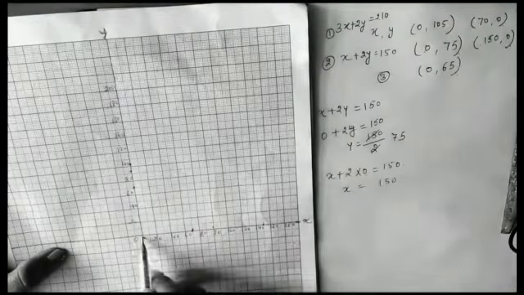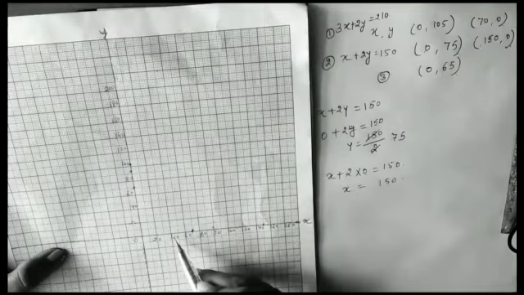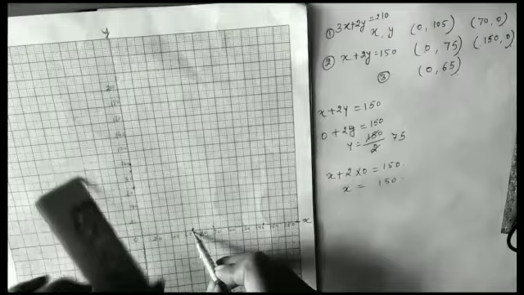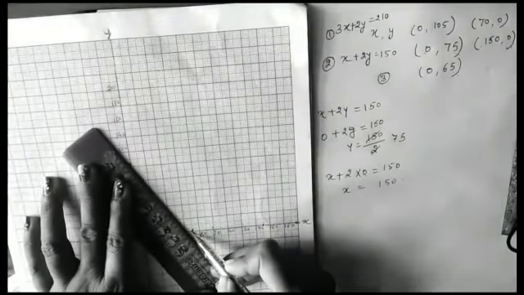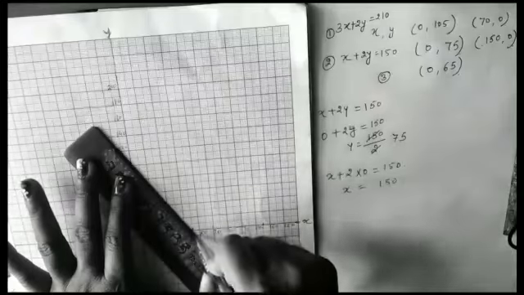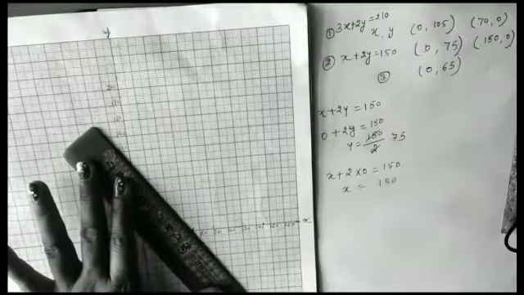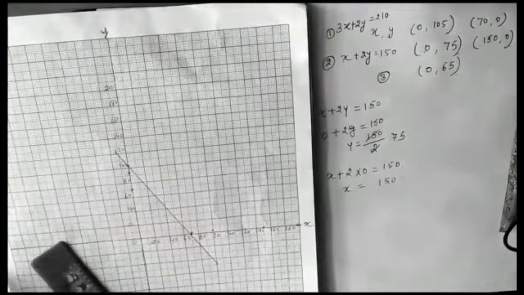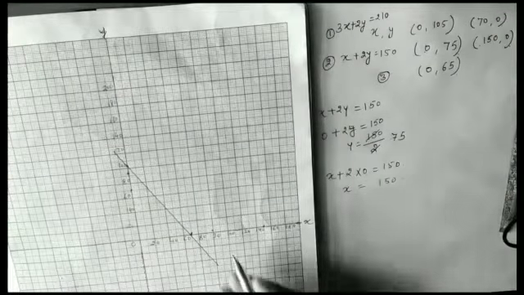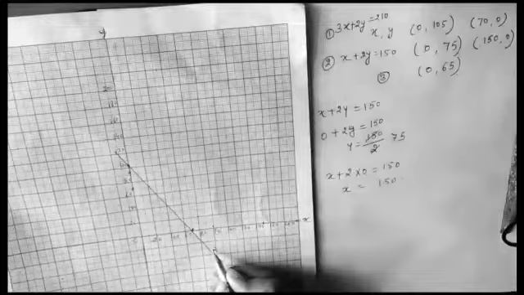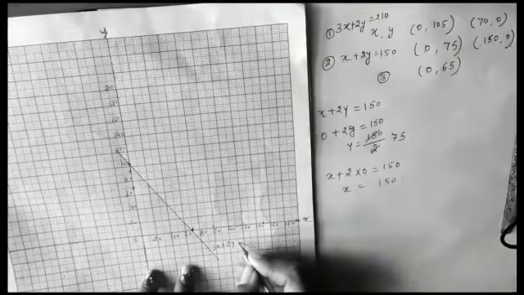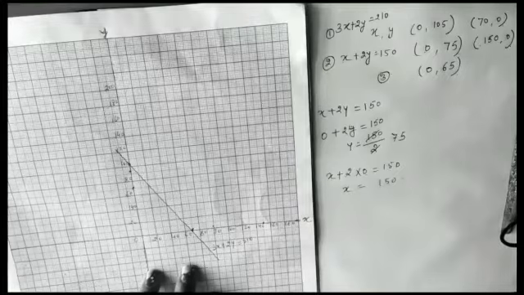Here y is 0 and x is, this is 40, 60 and 70. Let's join these 2 points with the help of a scale. So this is the line 3x plus 2y equals 210.